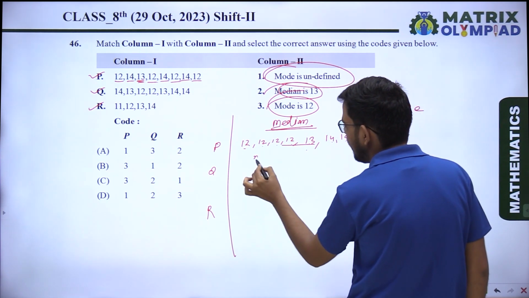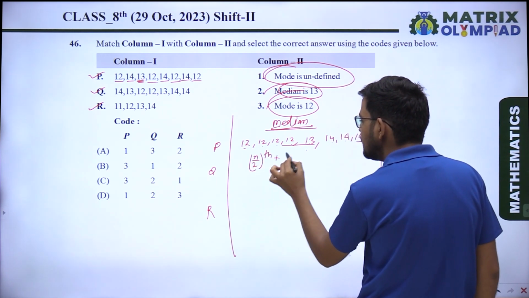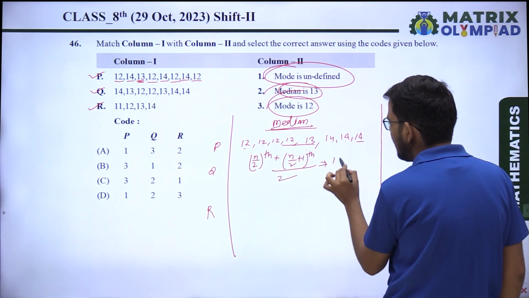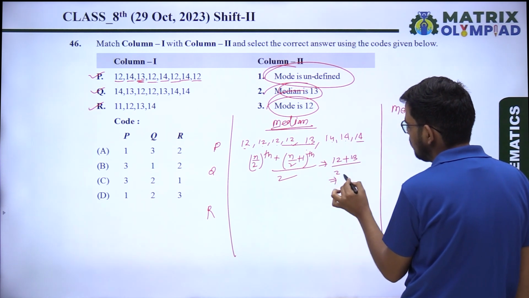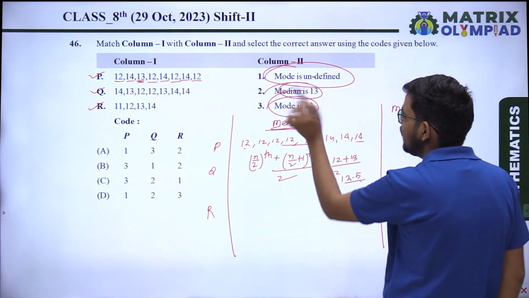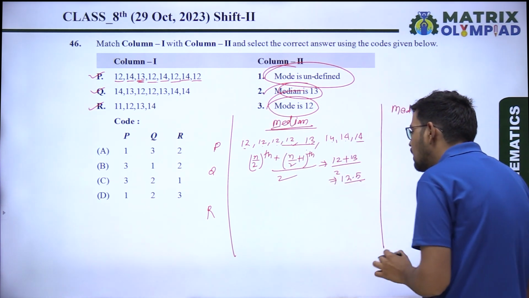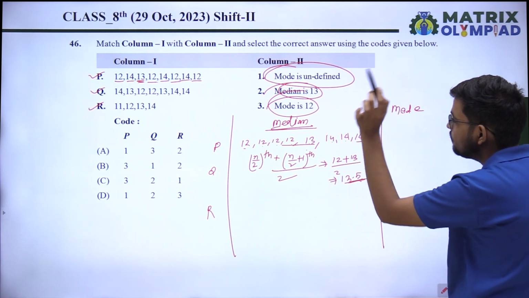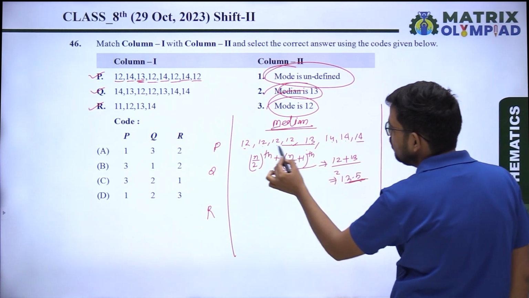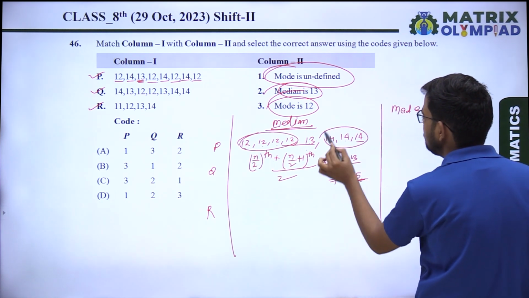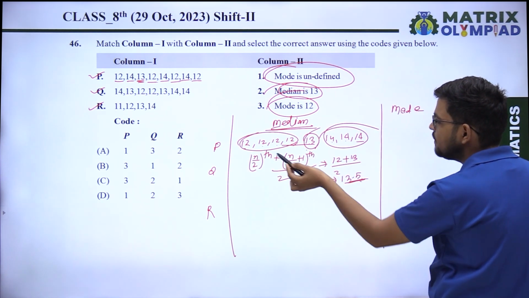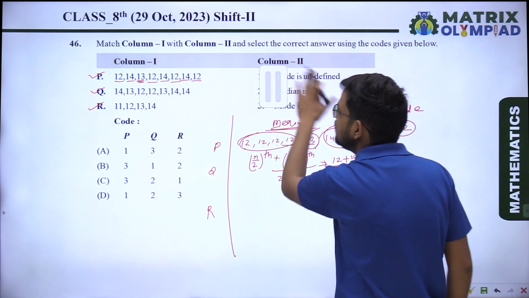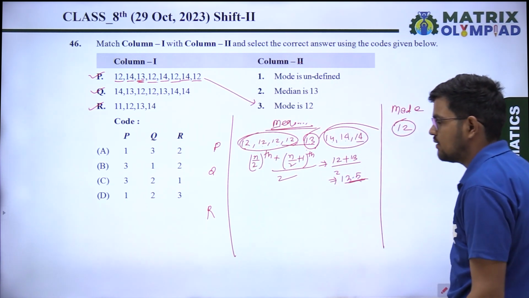The median is the n by 2 term plus the n by 2 plus 1 term, upon 2, that is 12 plus 13 upon 2, that is 12.5. Is 12.5 here? No, it is not here. It means the median is not here. Now we are finding the mode. 12 is repeating 4 times, 14 is repeating 3 times, 13 is repeating 1 time. It means mode is 12. P's mode is 12. It means option 3 is the correct answer.